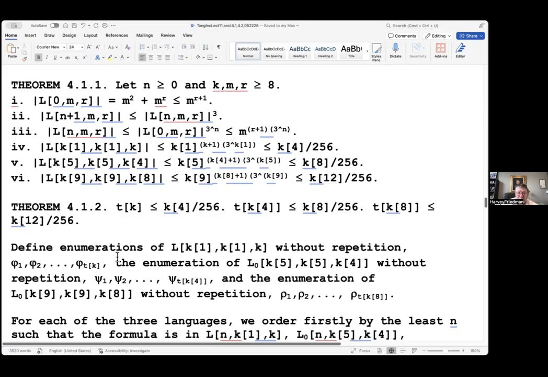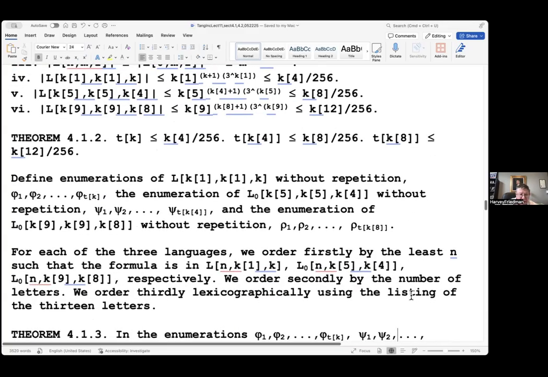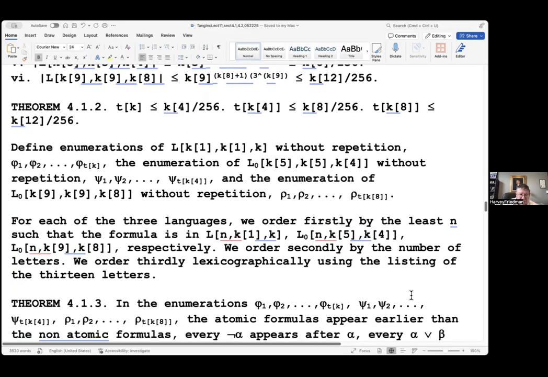And we define the enumerations in some intelligible way. We want to enumerate all the formulas. And I just talk about how you first do it with quantifier complexity and then with the number of letters in the formula, and then lexicographically through the listing of the 13 letters.